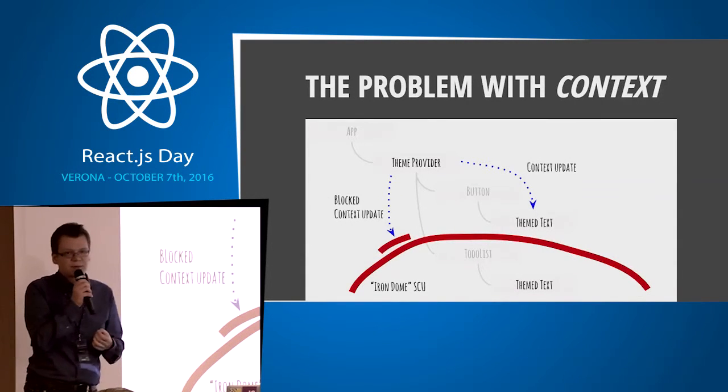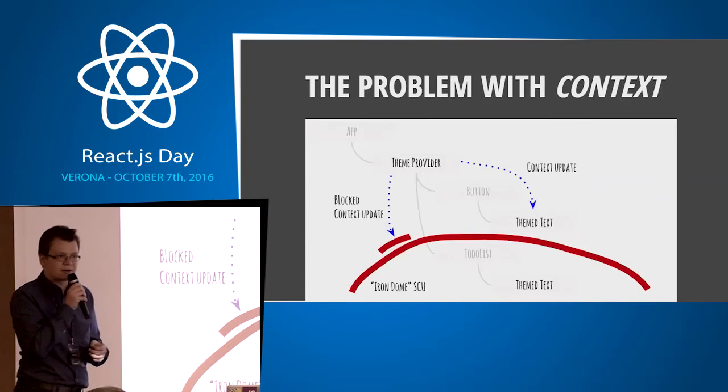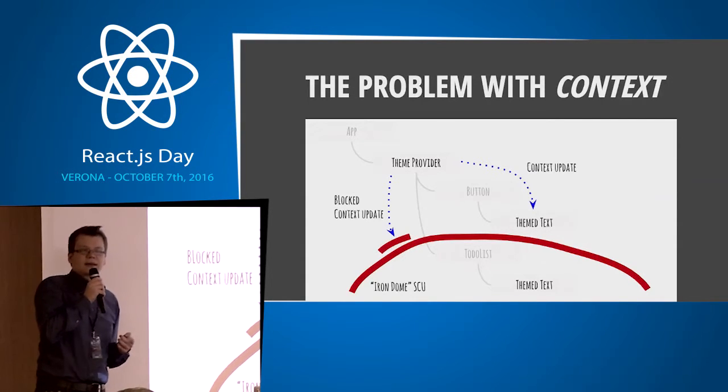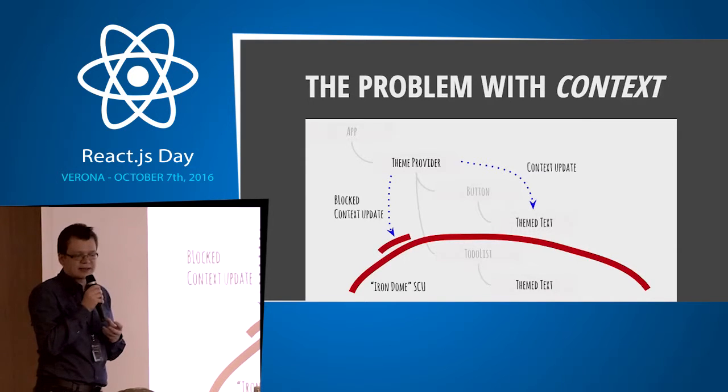There's a blog post from Michel Westrate, which I really recommend you to check out, which goes into a lot of detail on how to use context and where context fails and how to circumvent those issues.